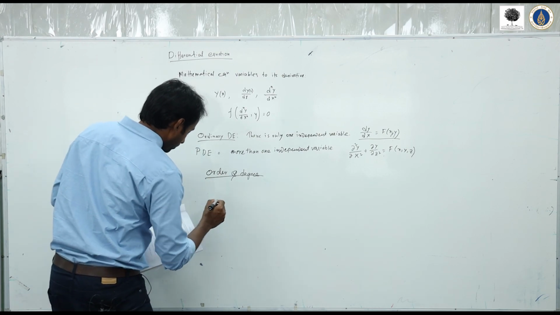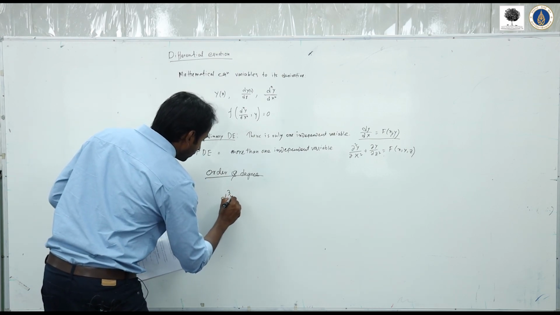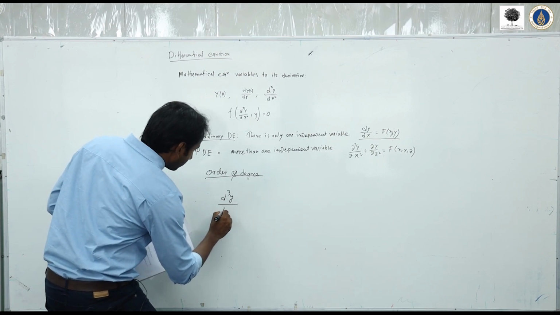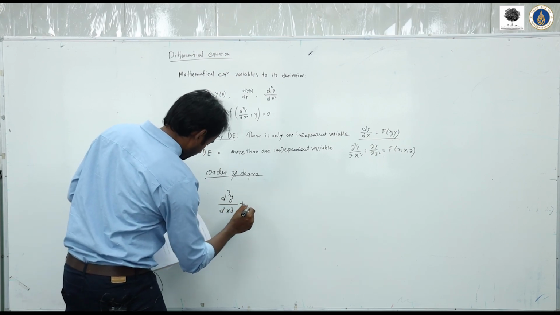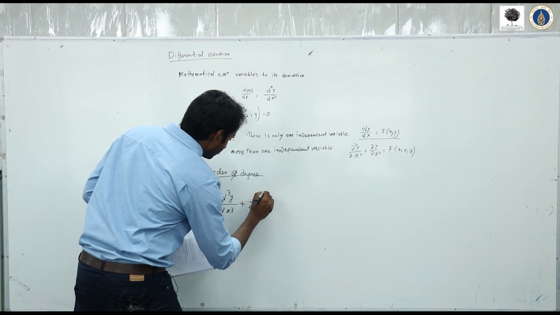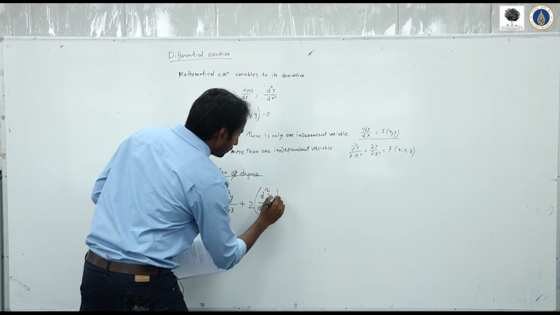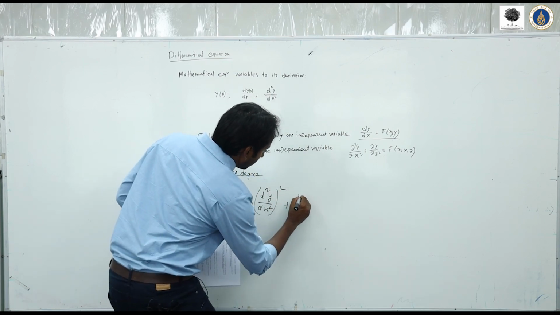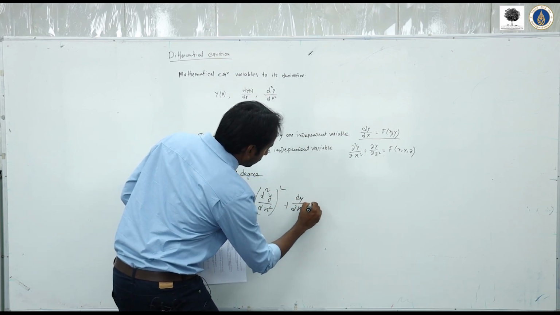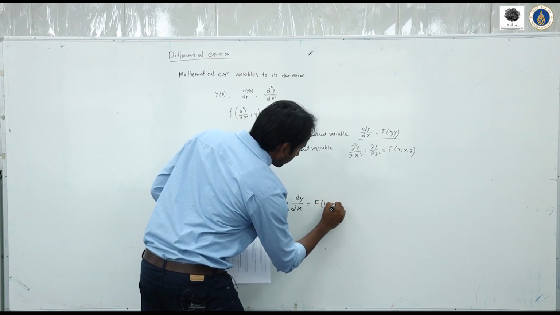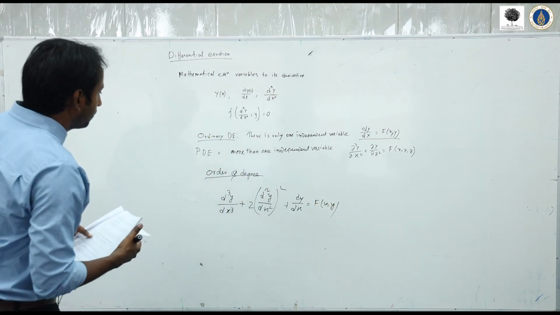Suppose I have a differential equation which looks like (d^3 y by dx^3) plus 2 (d^2 y by dx^2) whole square plus dy by dx equal to some f of x, y. So this is our example differential equation.